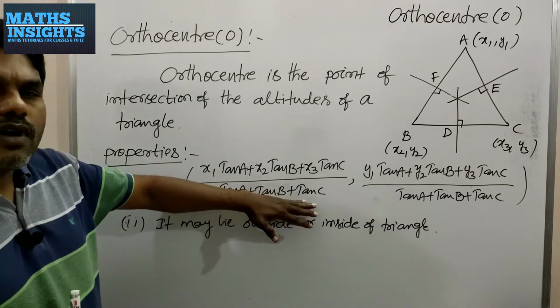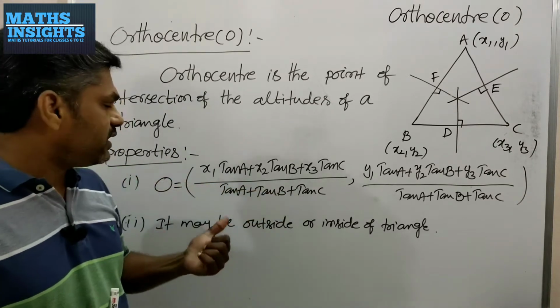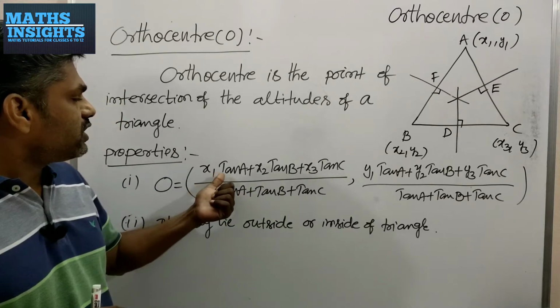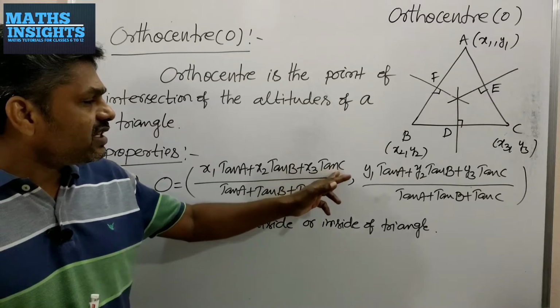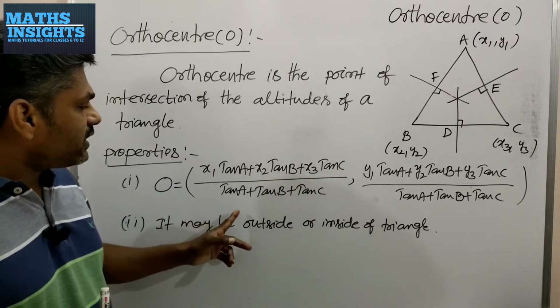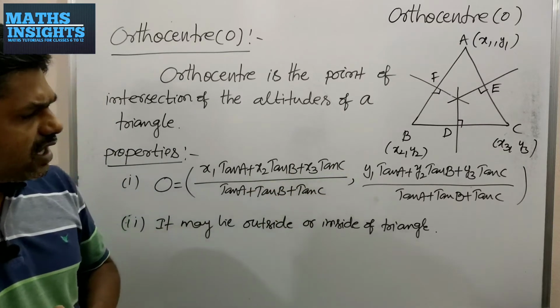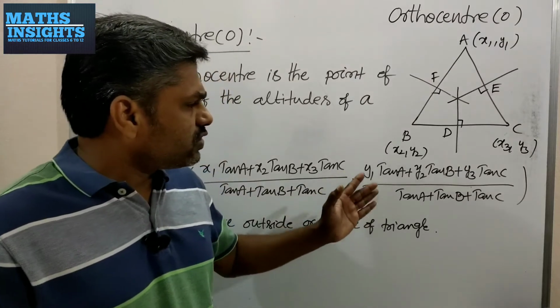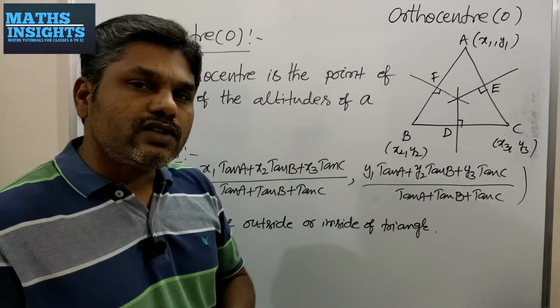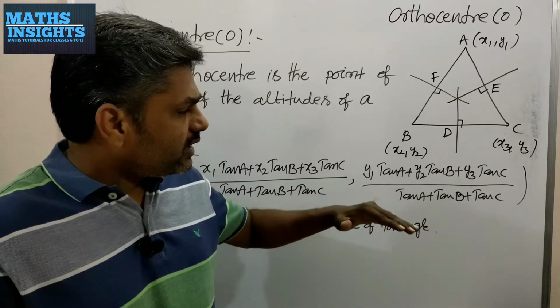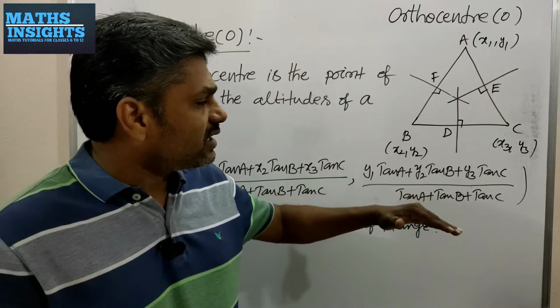The x coordinate of the orthocenter can be calculated using x1 into tan A plus x2 into tan B plus x3 into tan C, divided by tan A plus tan B plus tan C, and the y coordinate is y1 into tan A plus y2 into tan B plus y3 into tan C, divided by tan A plus tan B plus tan C.